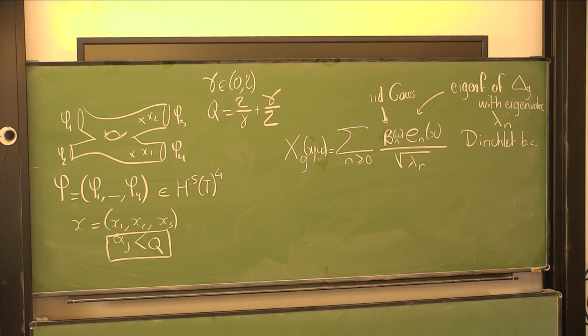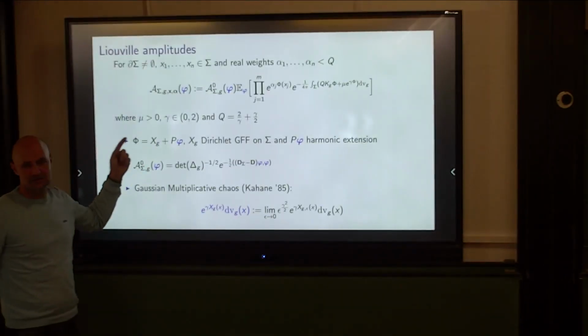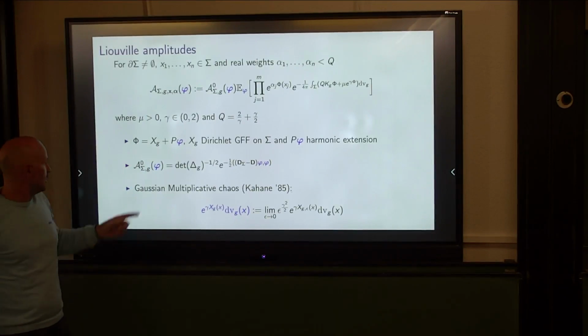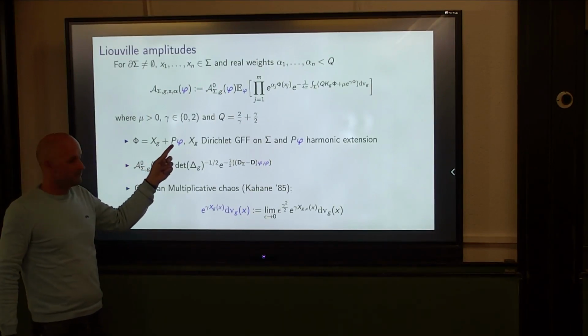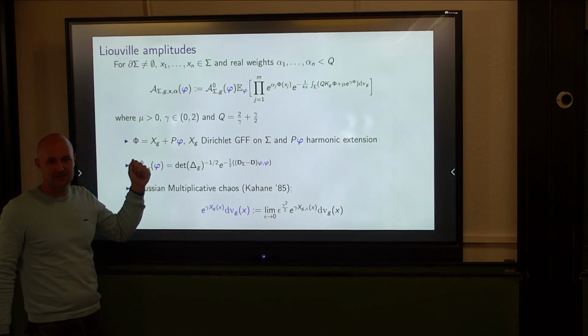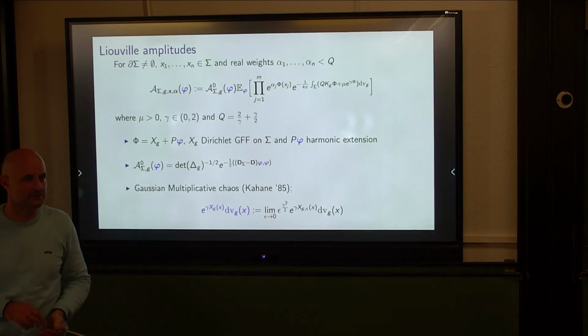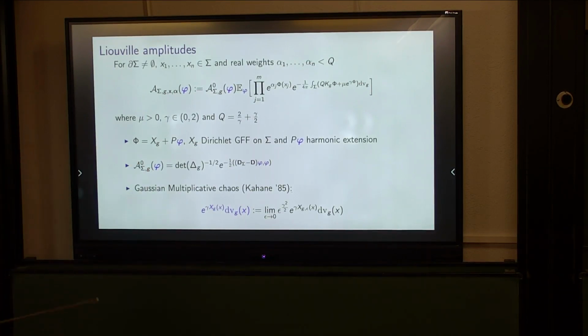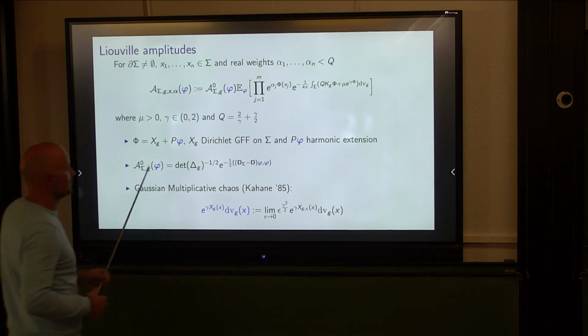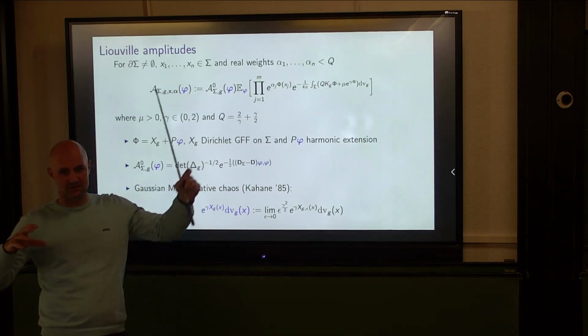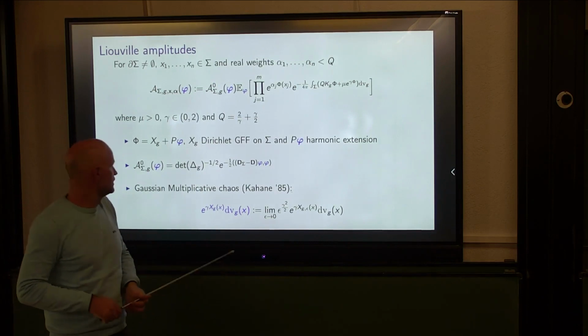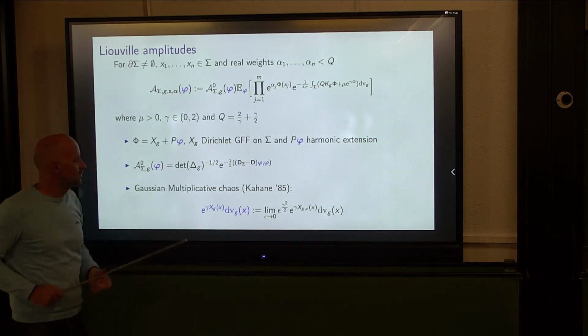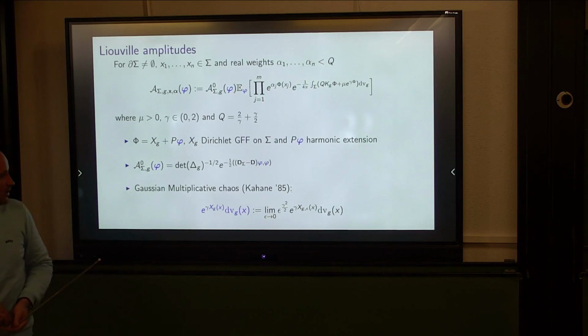There is no condition on the average because it's a Dirichlet GFF. And here, P phi is the harmonic extension of the boundary field. It encodes the harmonic extension of the constants that you put on the boundary. So there is no zero mode here, it's hidden in the P phi.